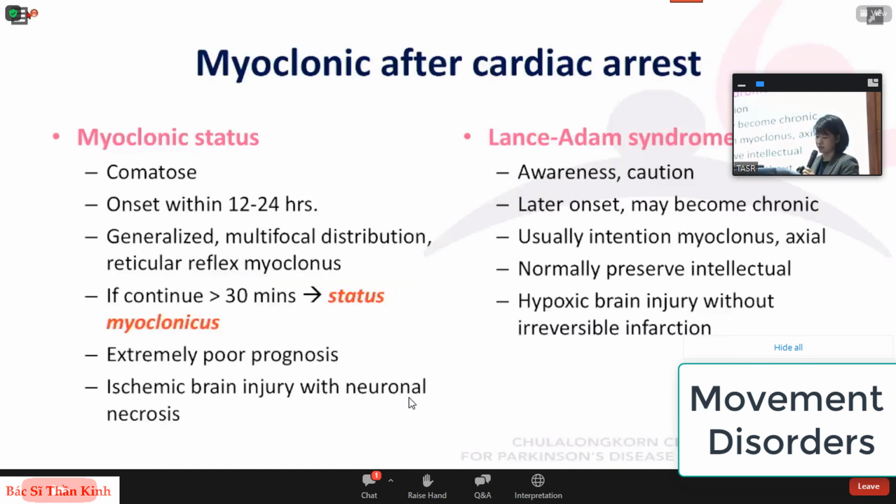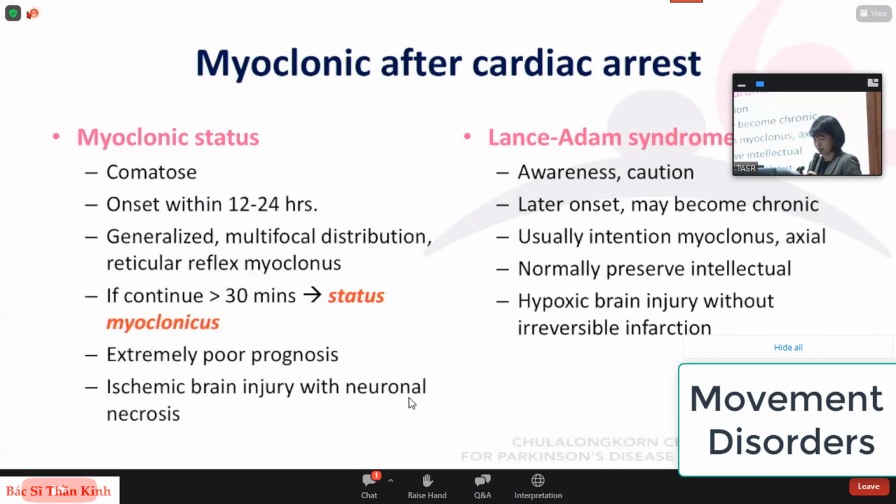There are two forms of post-cardiac arrest myoclonus. The previous one is the immediate form. The next one is the delayed form, which can cause axial myoclonus and sometimes a little bit of intention limb myoclonus, but the axial is prominent. It's called Lance-Adams syndrome.